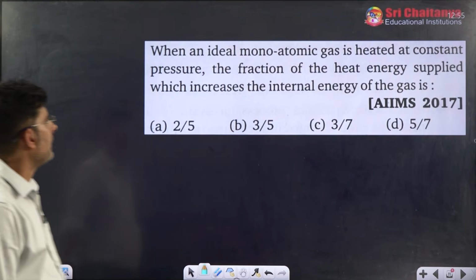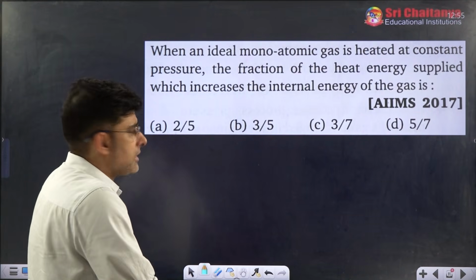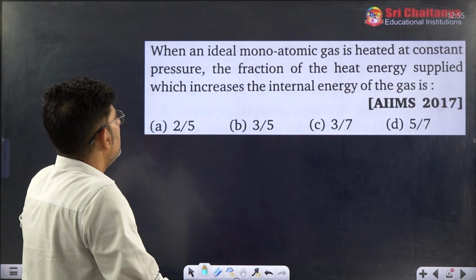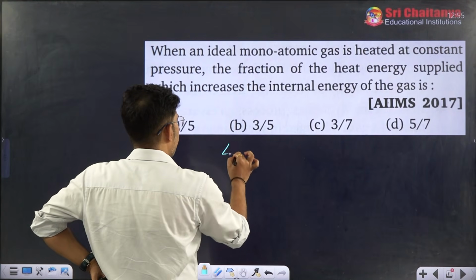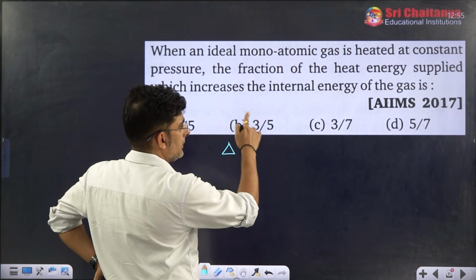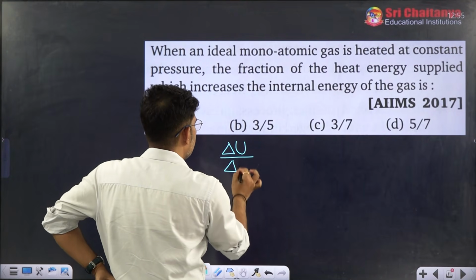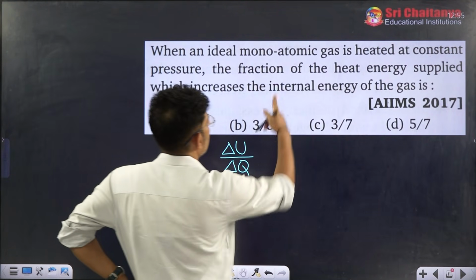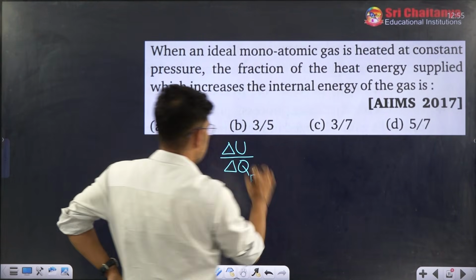Next question. When an ideal monoatomic gas is heated at constant pressure, what is the fraction of heat energy supplied which increases the internal energy of the gas? Better, directly you can use the fraction of energy supplied which is increasing the internal energy. Means they are asking delta U by delta Q simply. Constant pressure means pressure is constant.